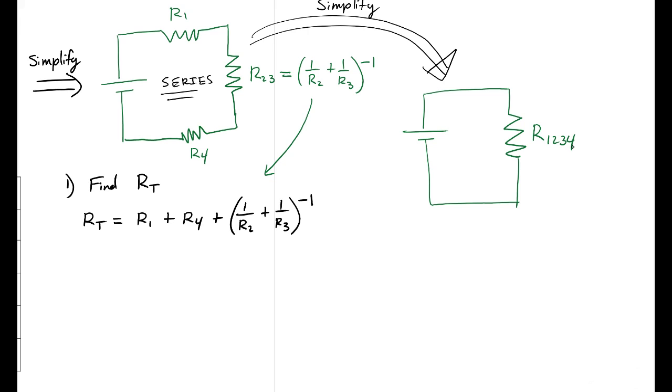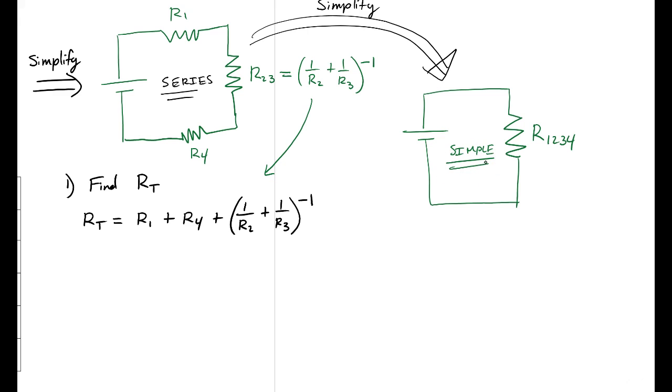Okay, and how do we combine series circuits? We just add them in a row. So R1 plus R4 plus R23. Okay, and that's what I did.